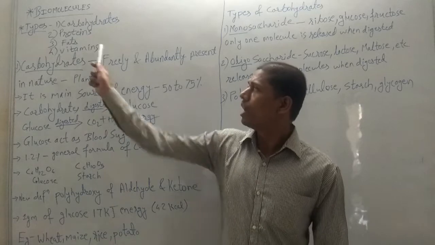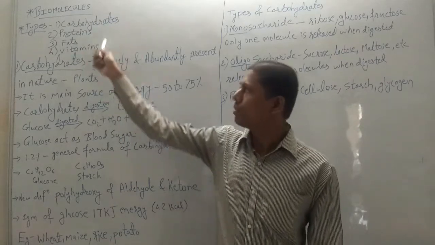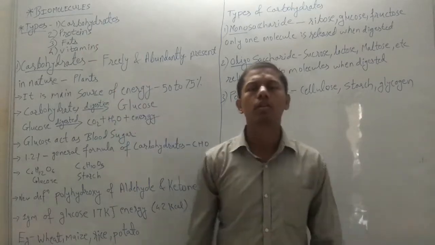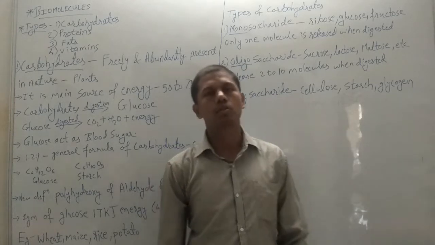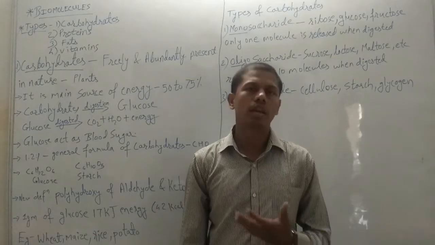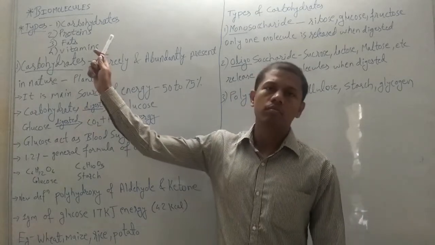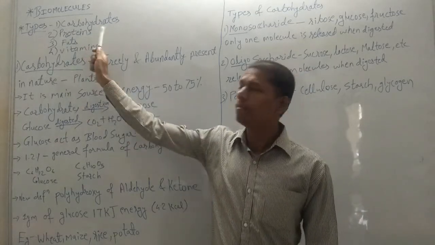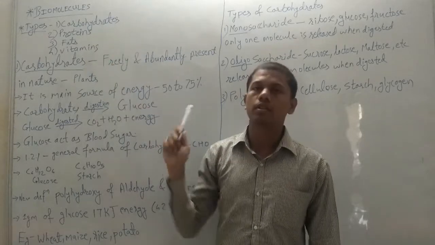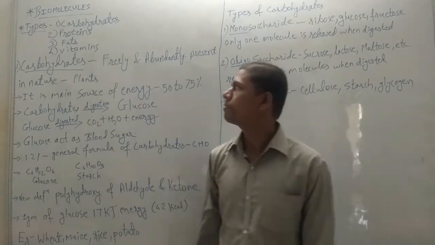With the help of all four biomolecules, all the normal basic functions of the body of an organism can be carried out. So it is a very important part of the living organism.